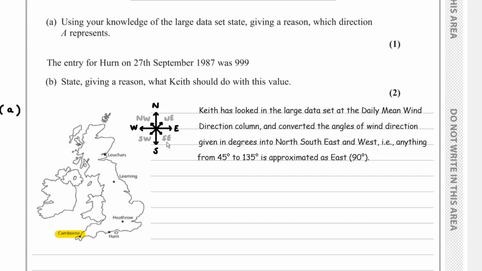So northeast to southeast goes from 45 degrees to 135 degrees. And we also know that Camborne, as shown here, is in the southwest of England, and therefore it is less likely that wind will come from the east.